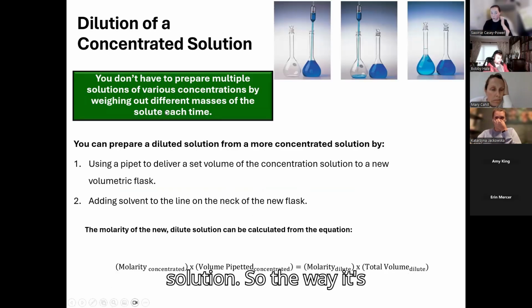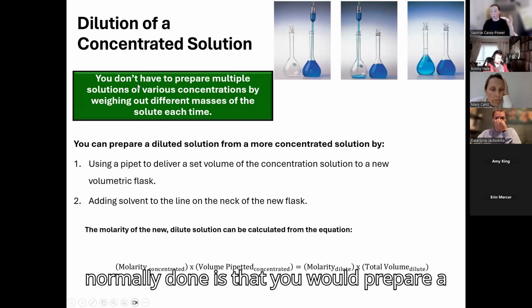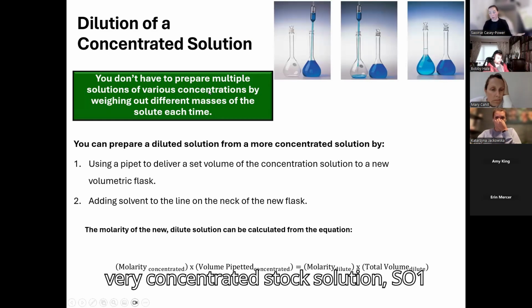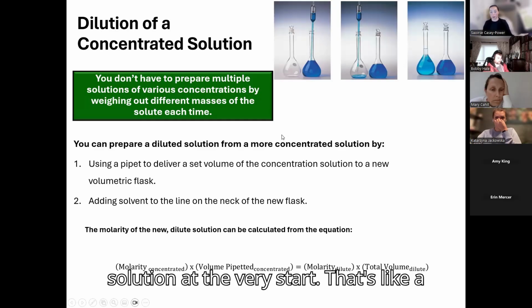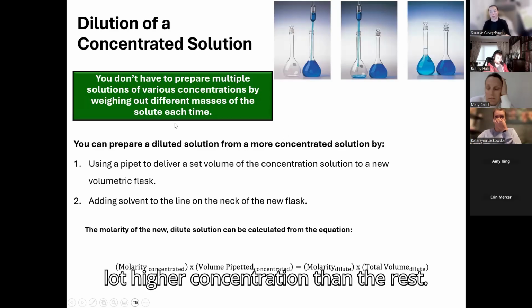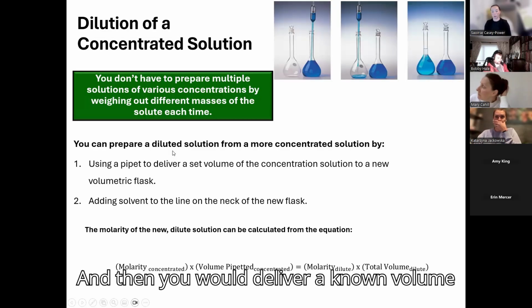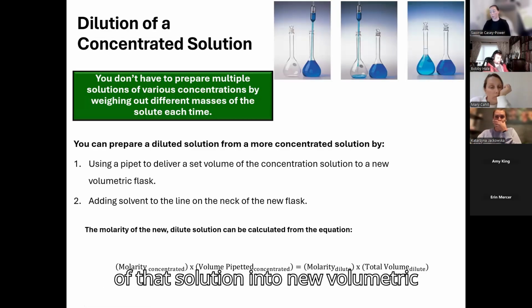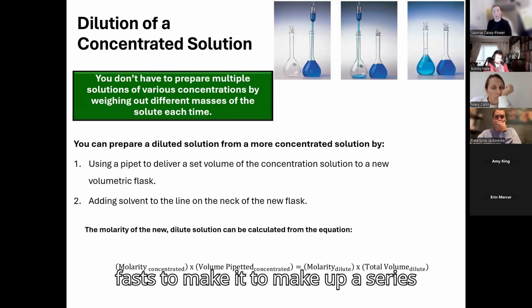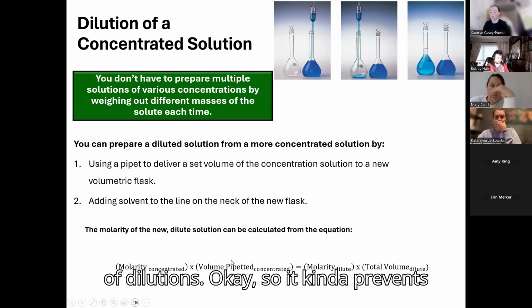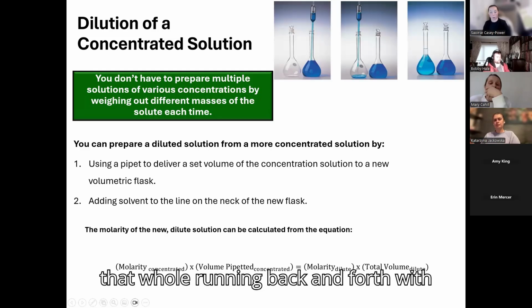So the way it's normally done is that you would prepare a very concentrated stock solution, one solution at the very start that's a lot higher in concentration than the rest. Then you would deliver a known volume of that solution into new volumetric flasks to make up a series of dilutions. It prevents all that running back and forth with the balance.